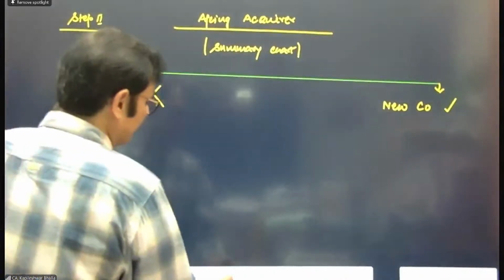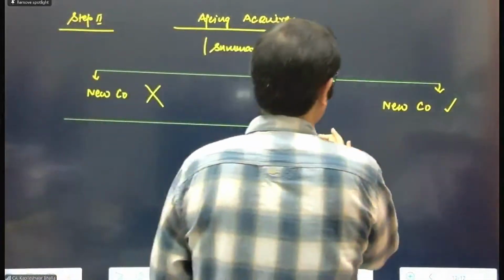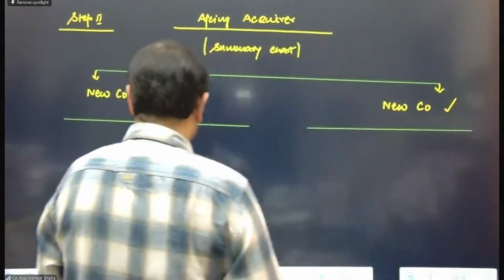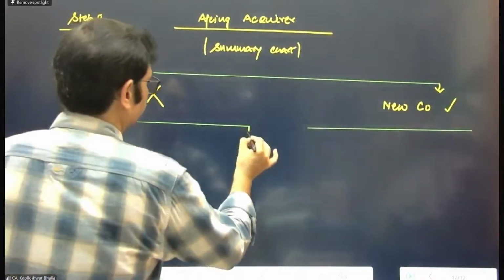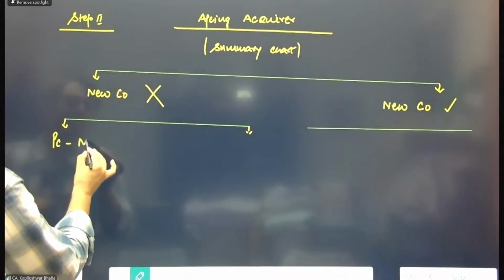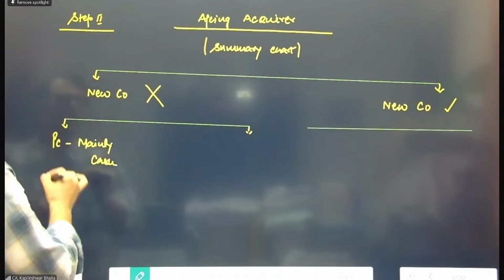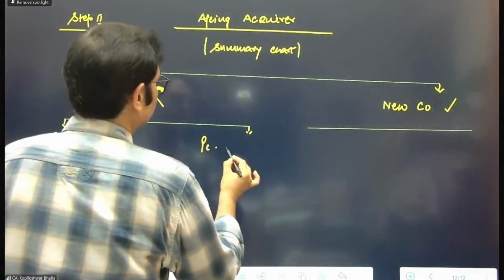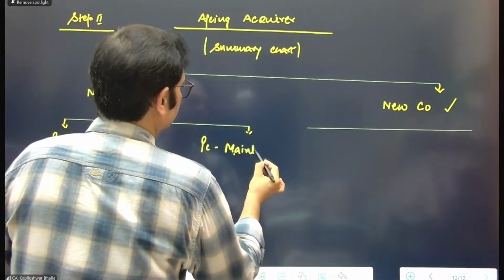Now, if you say a new company is not created, or if you say a new company is created, there are 2 further permutations and combinations. You need to see that the purchase consideration is mainly either in cash or mainly in terms of shares.